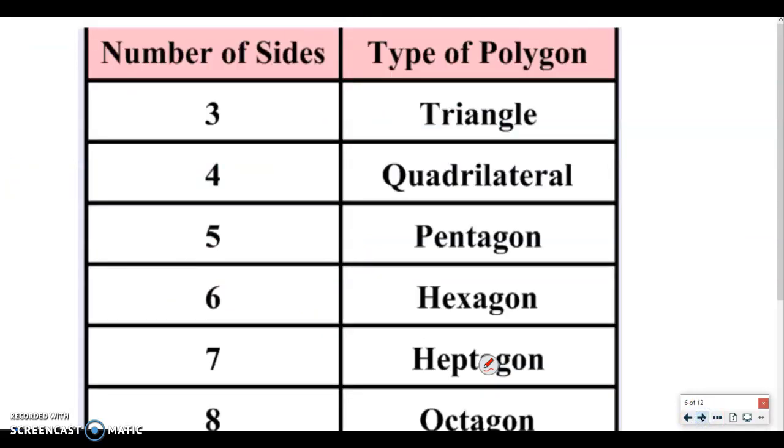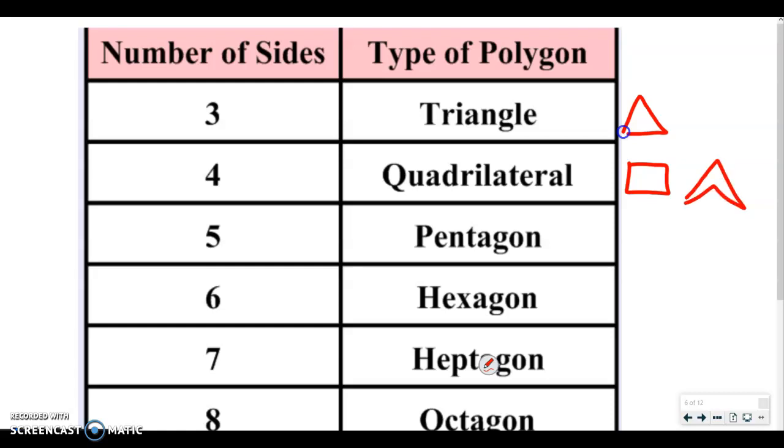So let's name the types of polygons. If you have a 3-sided figure, it is a triangle. If you have a four-sided figure, it is a quadrilateral. That could be a square, it could be a rectangle, it could be this little shape that I drew before.